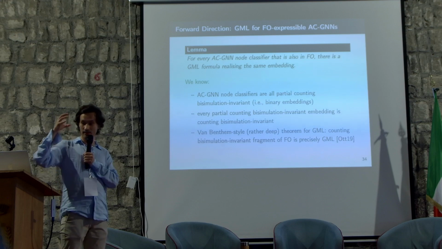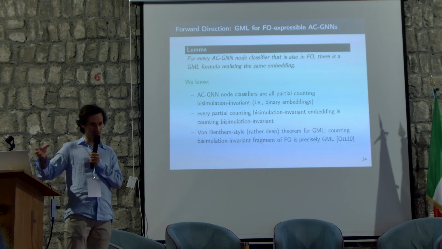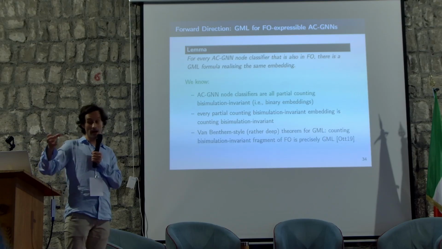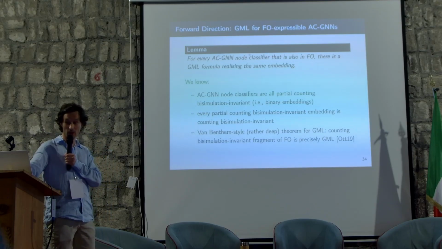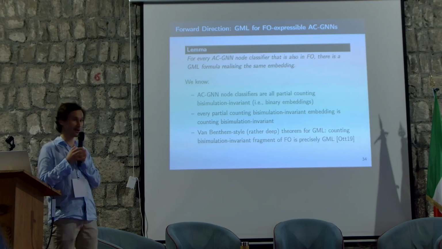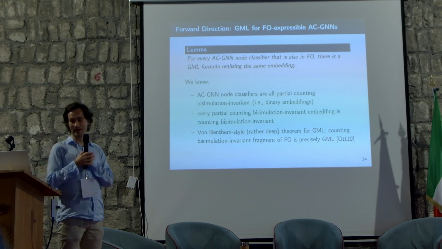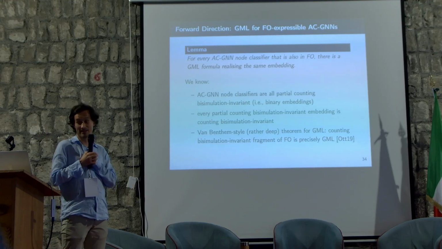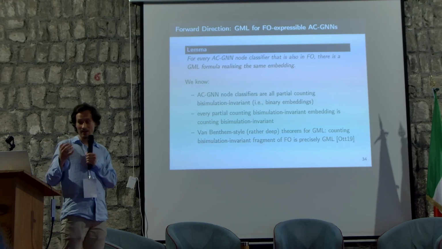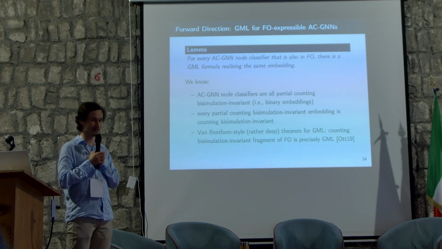So it says the counting bisimulation invariant fragment of first order logic is precisely graded modal logic. And basically using this theorem, we could prove the other direction of this theorem, which is about AC GNNs. I also like this result. By itself, it's not very deep, but it relies on deep stuff which only recently existed.